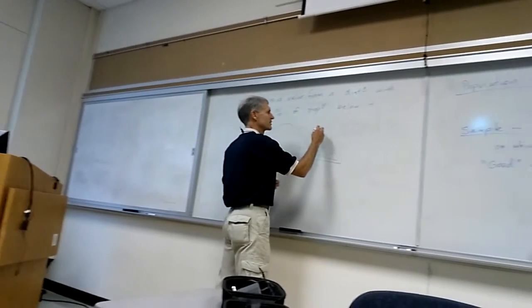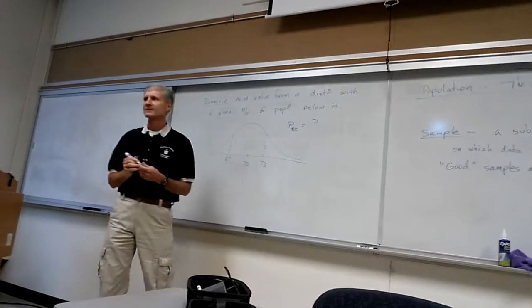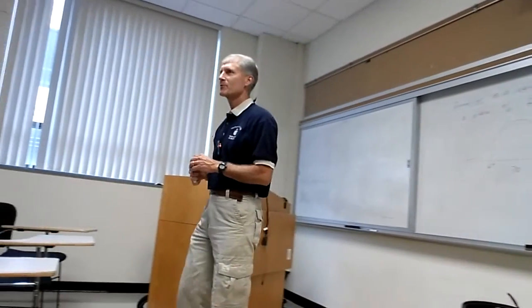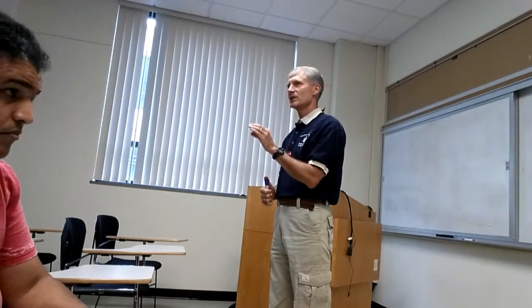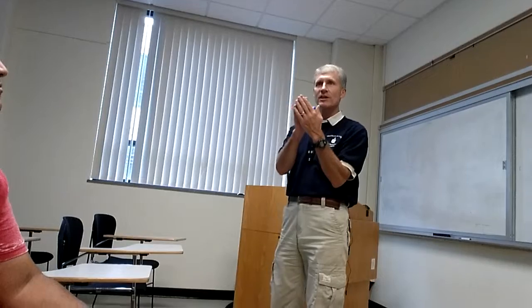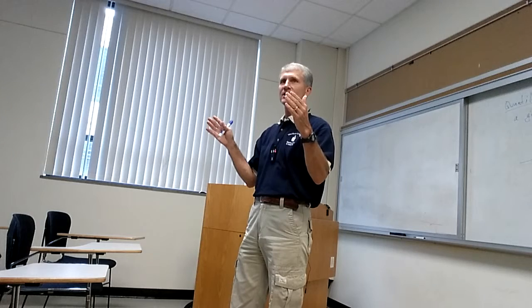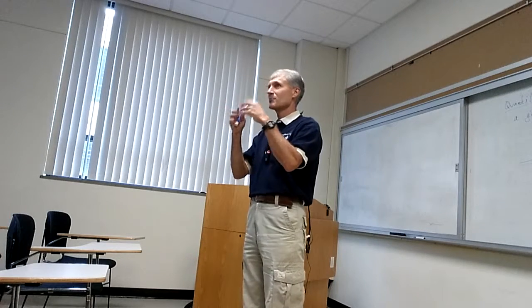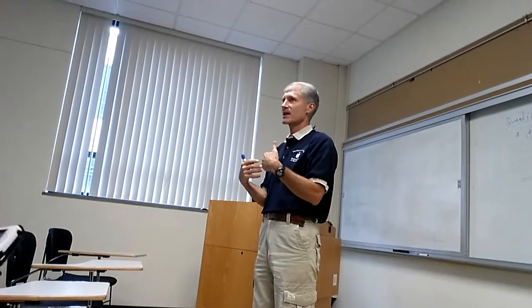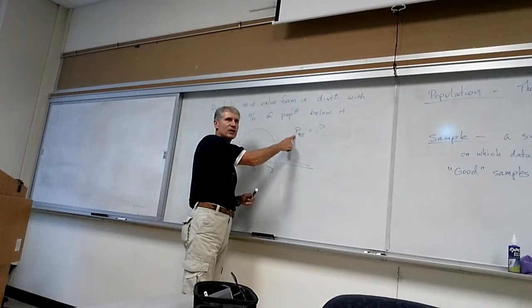So what is the 85th percentile? I gave you one you can't do using the empirical rule, right? So you need a calculator. What you need is the inverse of the normal distribution function. The normal distribution function gives you the percent that's below a certain value or between certain values. But the inverse, you give it a percent and it returns a value that has that percent, right? So I wrote P85, that's the notation for percentile.